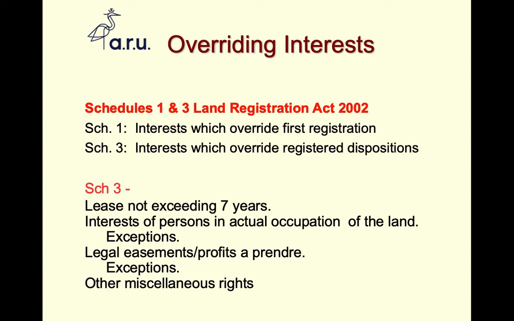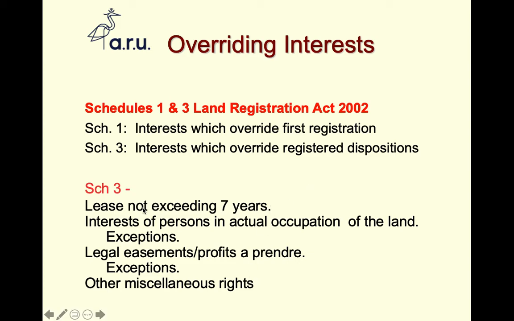Those are the overriding interests under Schedule 1 and 3 of the Land Registration Act. We've got Schedule 1, the interests which would override the first ever registration, and Schedule 3 being the interests which override any subsequent disposition. So focusing just on Schedule 3 because they're pretty similar, and we'll mostly be looking at registered land already in existence.